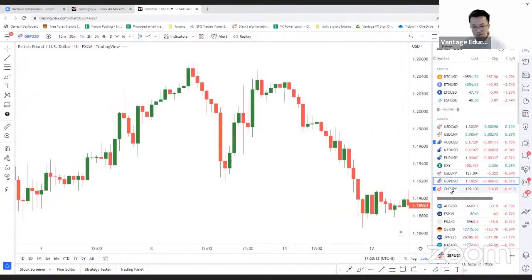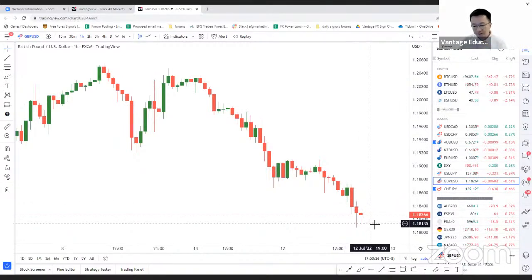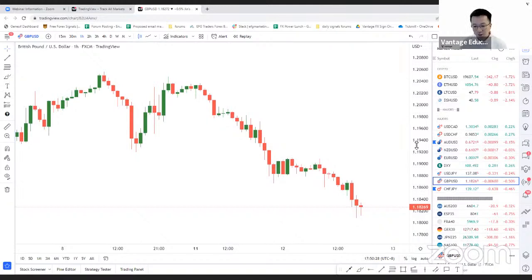One last one, let's look at pound dollar. Pound dollar has been tracking lower. You can see that's a big, strong bearish engulfing candle towards the downside, indicating that we might see further downside on the pound dollar.